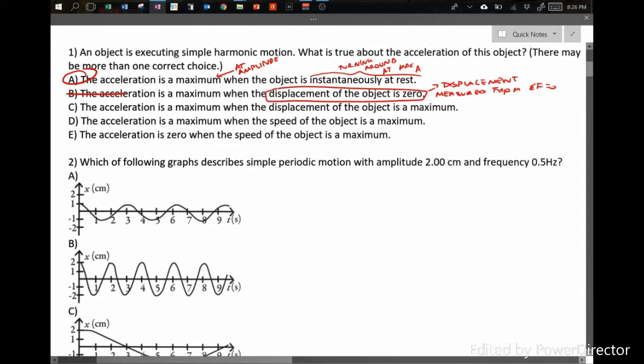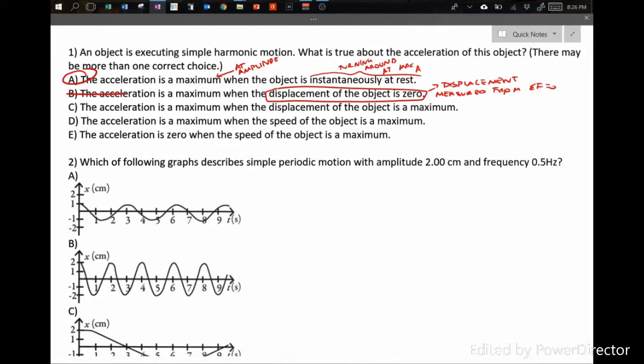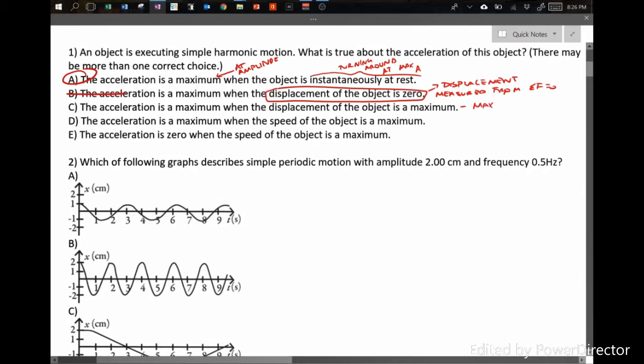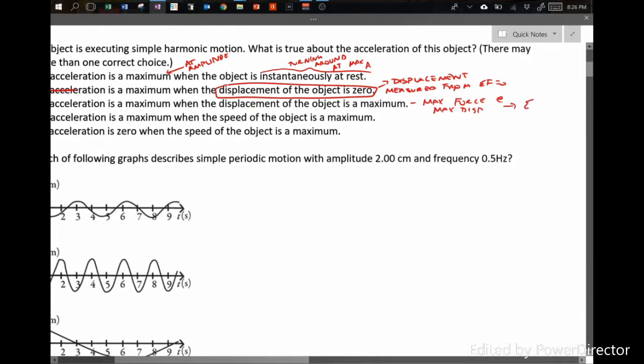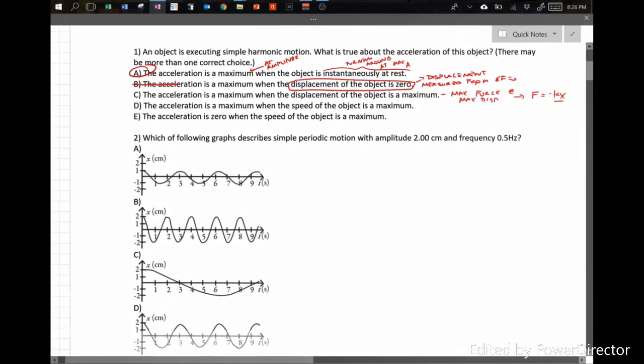The acceleration is a maximum when the displacement is a maximum. We said max force at maximum displacement. Especially because when we look at this, the force acting on my object, in the case of a spring at least, depends on my displacement from that equilibrium spot. So that's true.